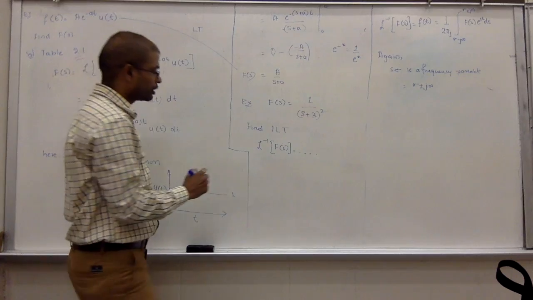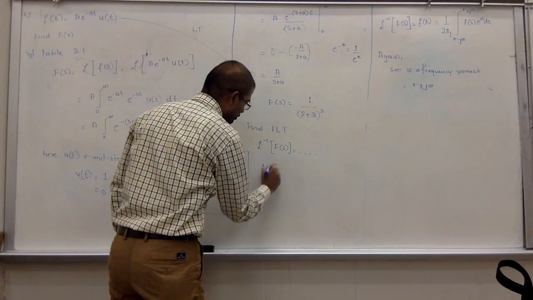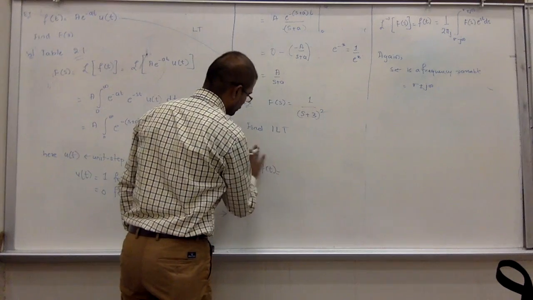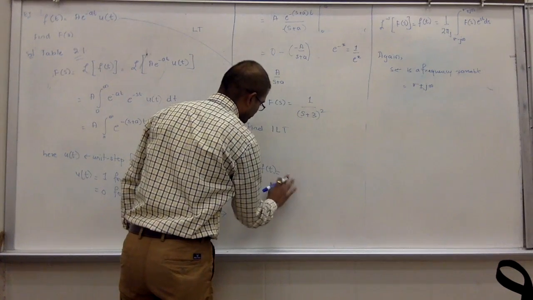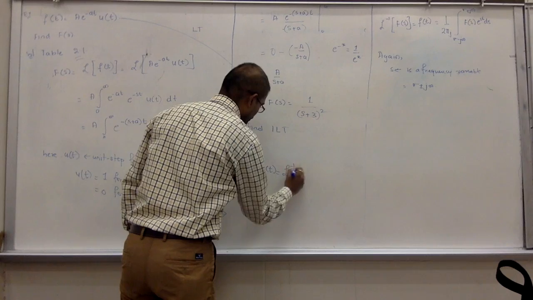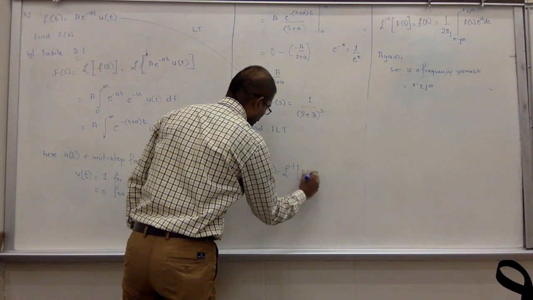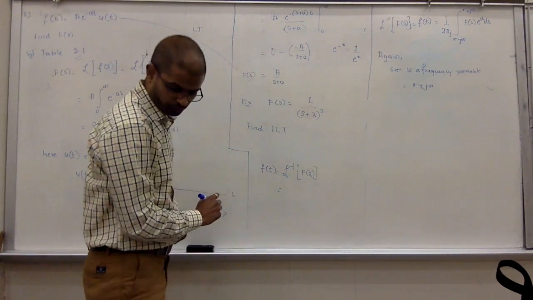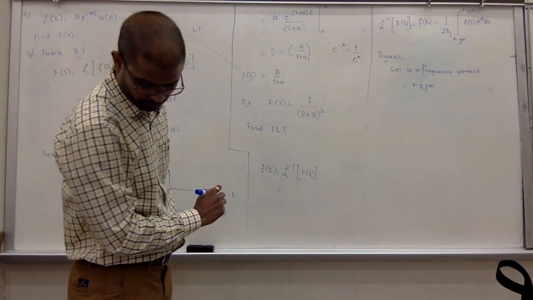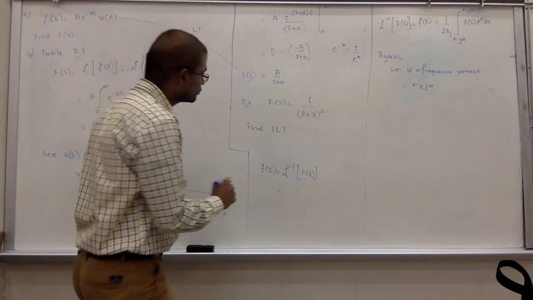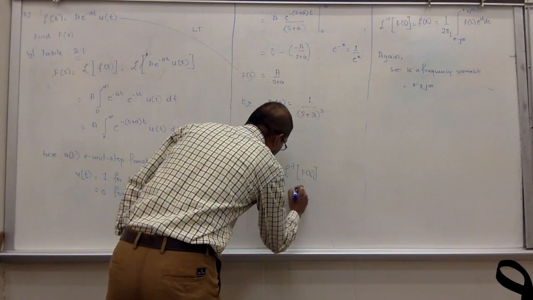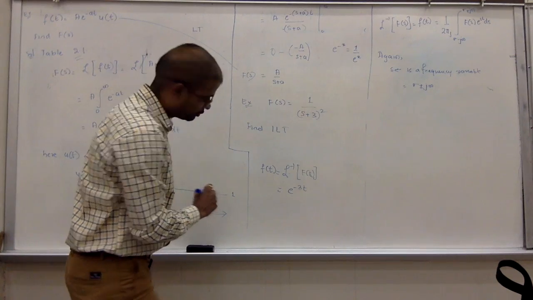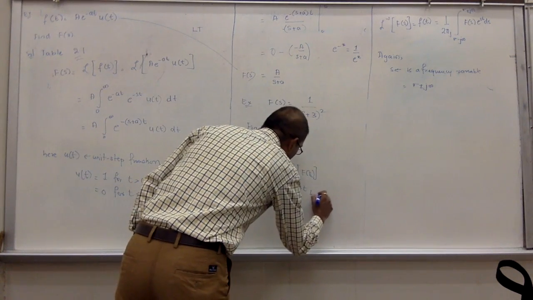So here f of t is equal to L inverse of F of s, which is equal to e to the power of minus 3t, t, u of t.